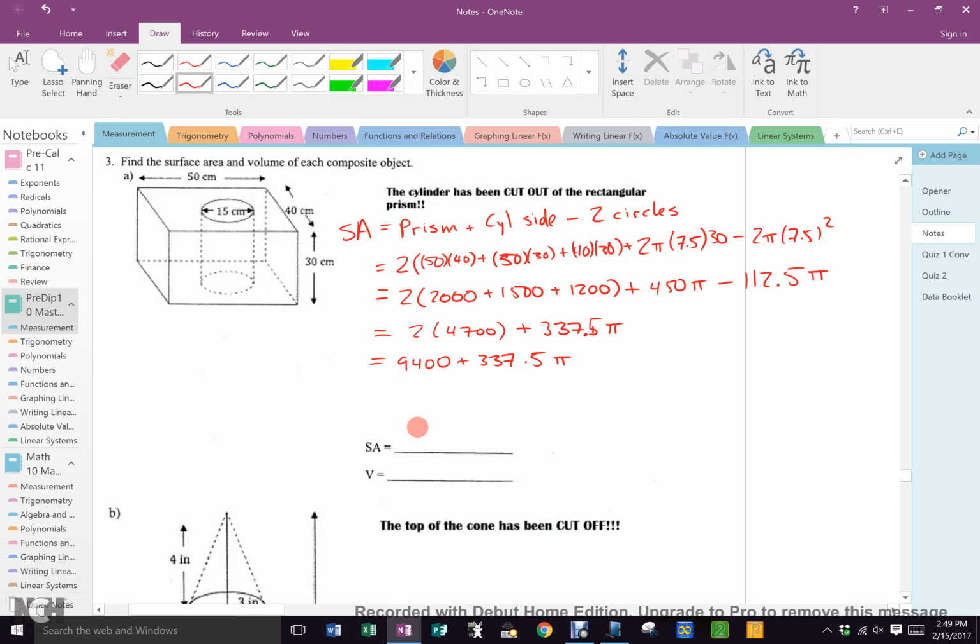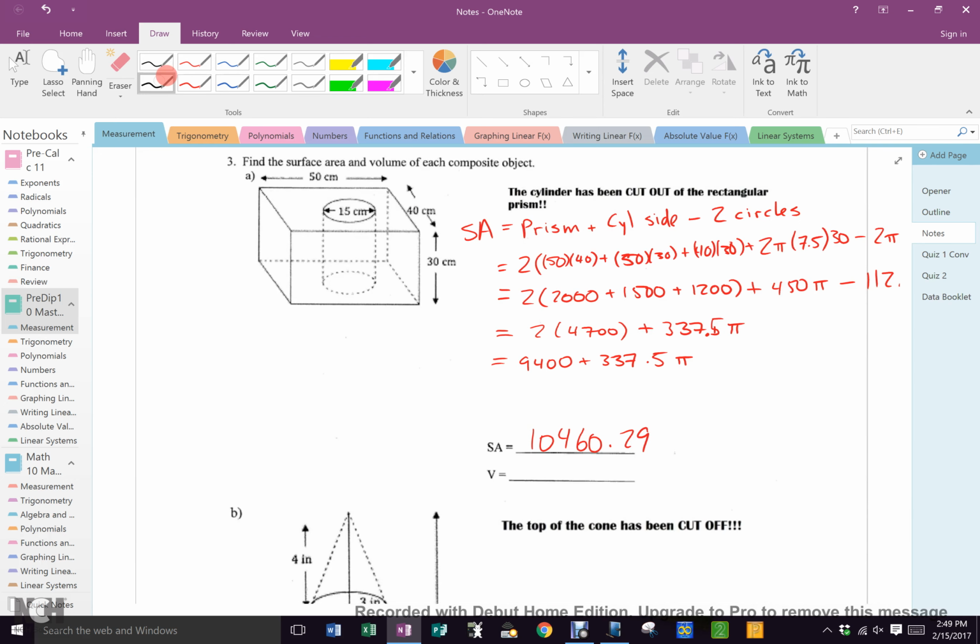And then if you do that math, you get 1,460.29. Now volume, which I'll do in blue, is just a prism minus a cylinder.